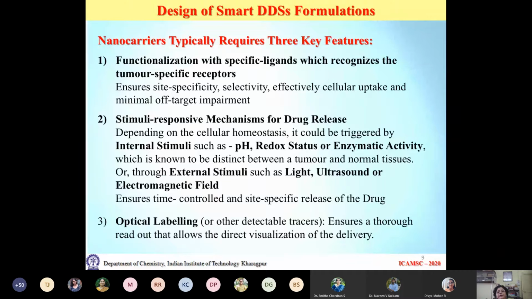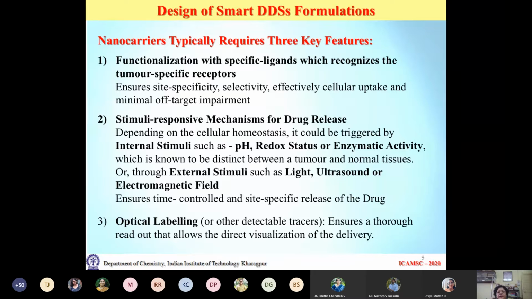You can have light irradiation through which you can have the release of the drug at the site from the delivery unit you are using. You can use ultrasound, you can use an electromagnetic field. All of these response functions ensure that you have time-controlled and site-specific release of the drug.